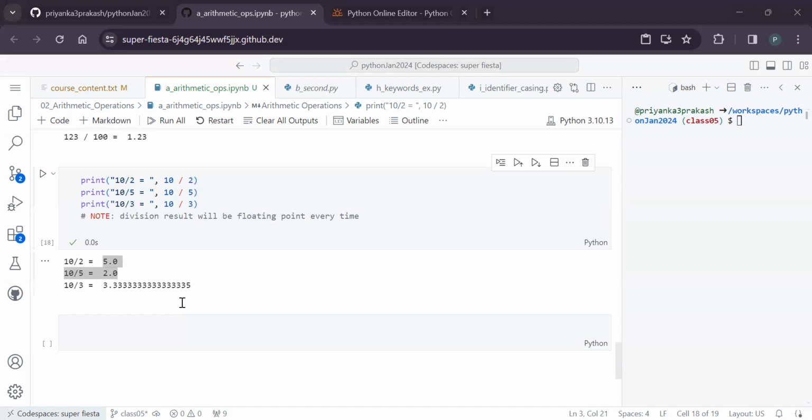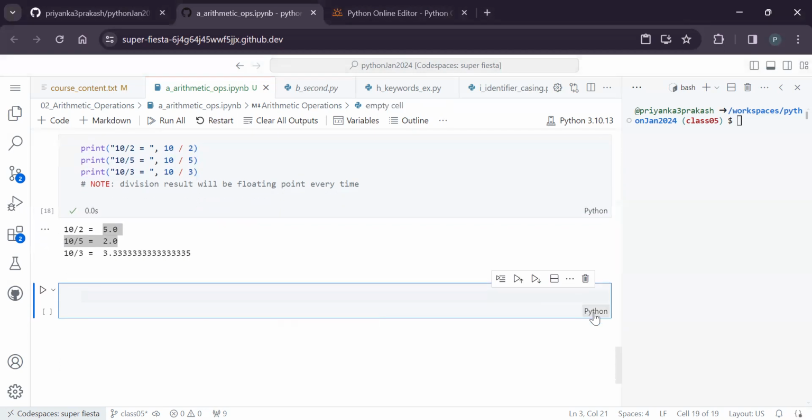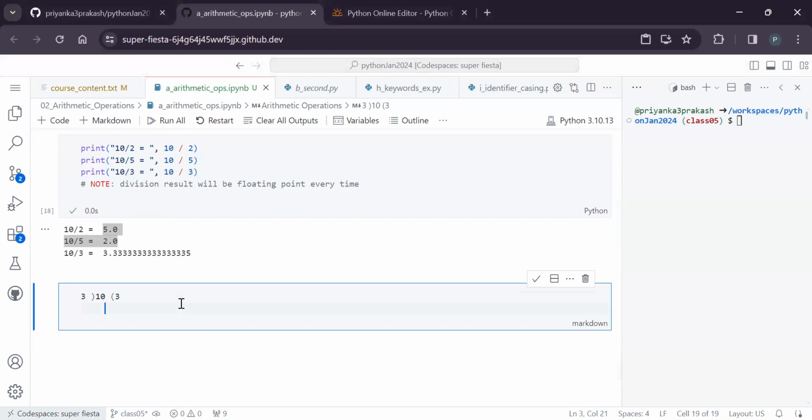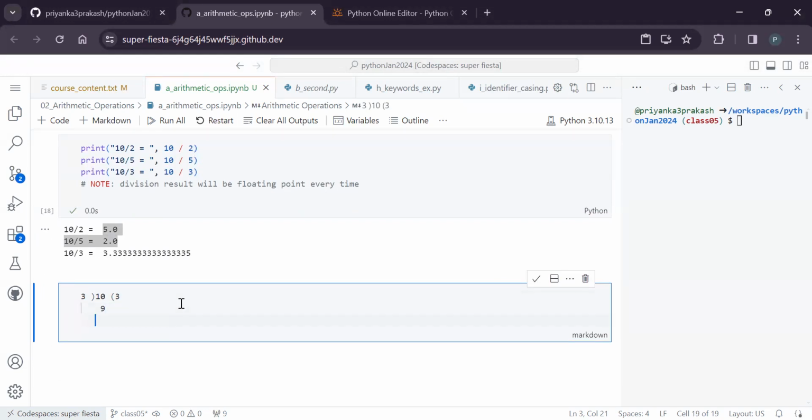Now, going a bit into this division, generally how we do divisions, let me take a small markdown session. Generally, if I say 3 by 10, what we do on pen and paper is like this, right? 3 by 10, 3 threes are 9. We get the answer. We subtract.